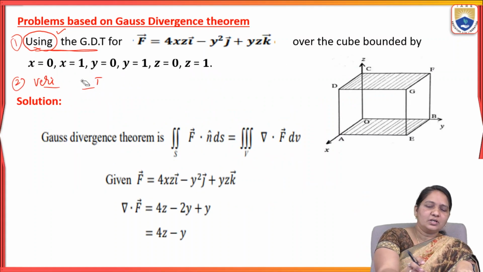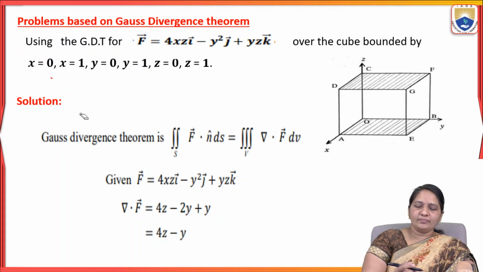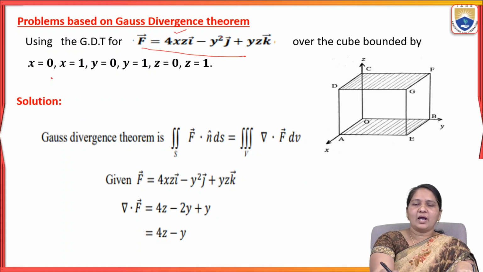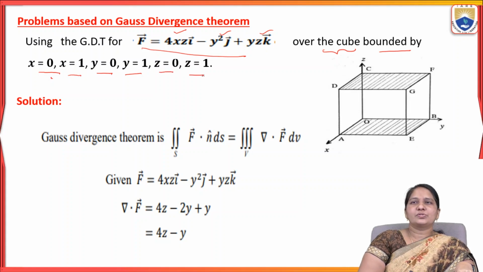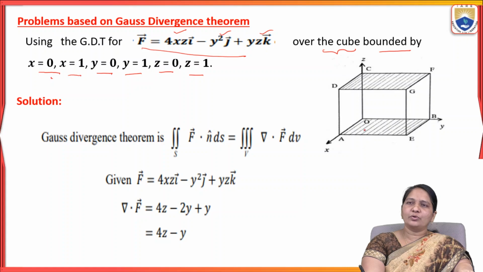You can observe in the question what they are asking: using the Gauss Divergence Theorem for the vector f bar equal to 4xz i minus y square j plus yz k over the cube bounded by x equal to 0 and x equal to 1, y equal to 0 and y equal to 1, z equal to 0 and z equal to 1. Here this is the cube, as they have given in the figure. We are taking all the surfaces of the cube.